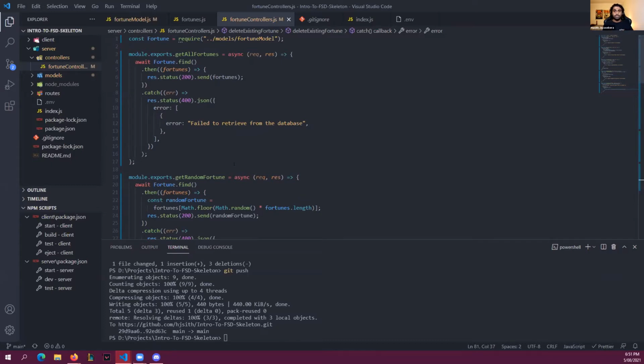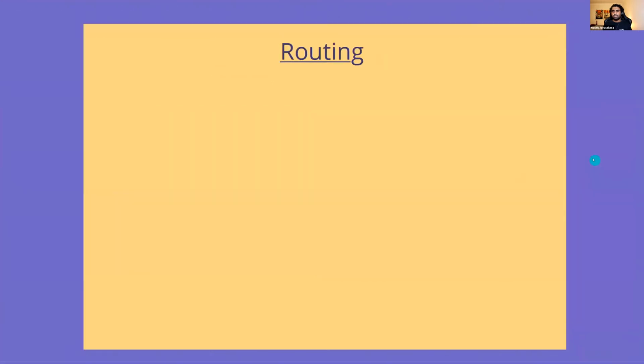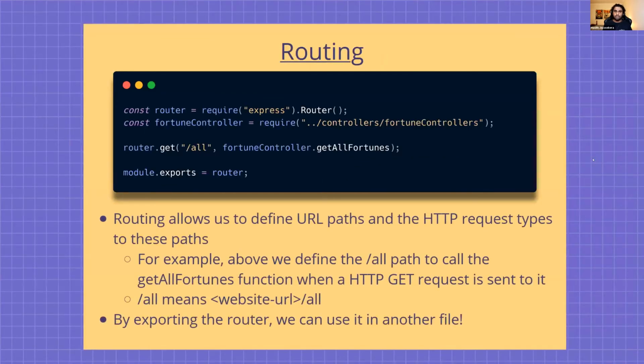So we're going to just quickly move on to the next section, which is the routing. Now, I'll quickly go over routing. Routing allows us to map URL paths and HTTP request types to these paths. So if you've ever gone on a website, for example abc.net.au, that will take you to the ABC homepage.